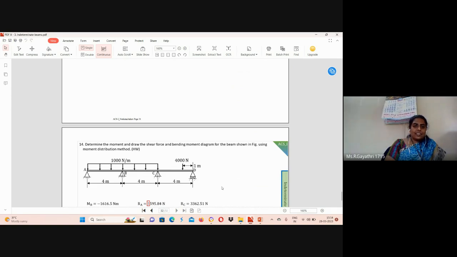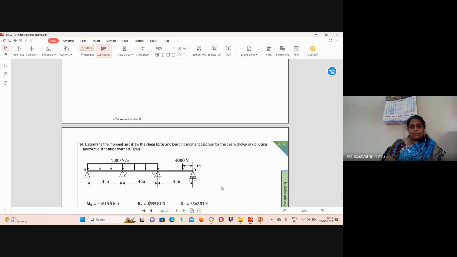Okay, here we can see uniformly distributed load over span ABC. So we can consider span ABC, then span BCD. Span ABC and span BCD, we can apply three moment equation.